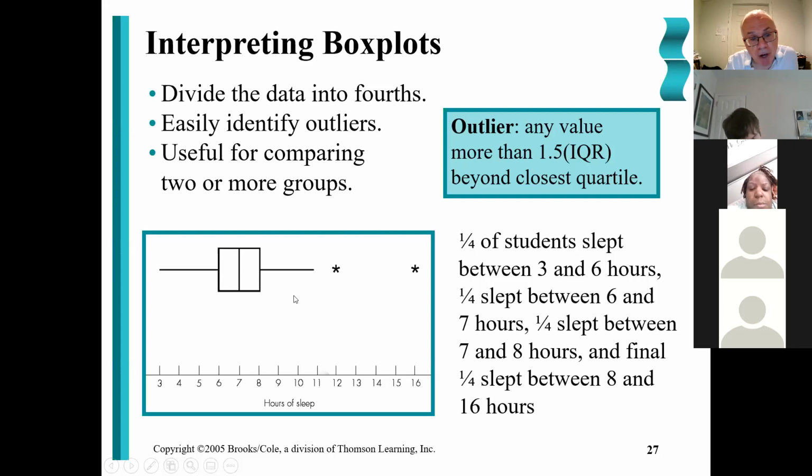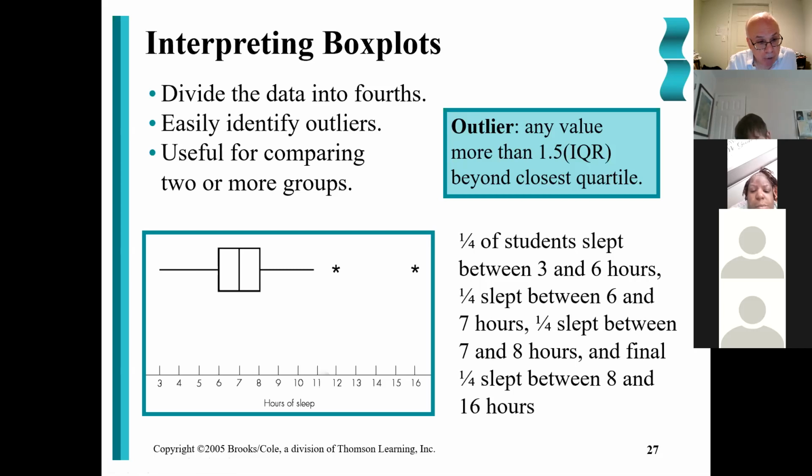You could also say 75% of the students slept between 6 and 16 hours, 75%. How do I know it's 75%? From 6 to 7 is 25%, another 25% from 7 to 8, and another 25% between 8 and 16. So between 6 and 16 hours, 75% of the students. And also between 3 and 8 hours is 75%.